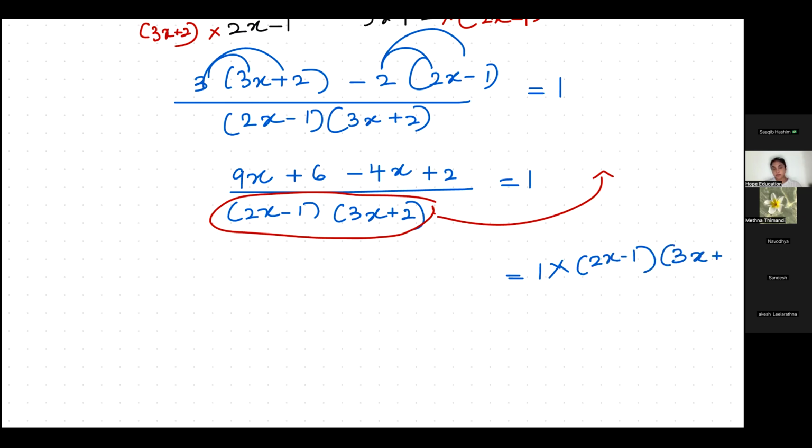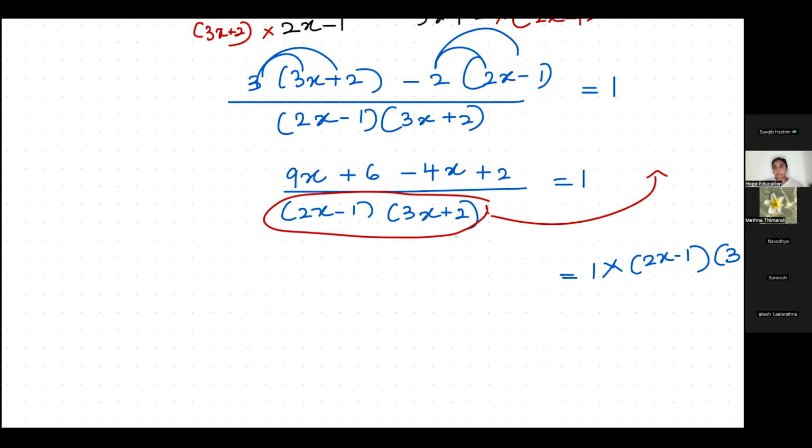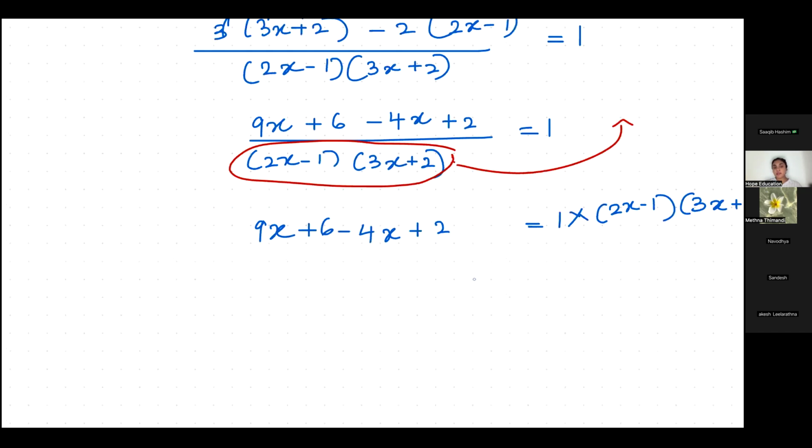Right? The one that is divided here, when I bring it to the other side, it becomes a multiplication, right? Then what do we have remaining? 9x plus 6 minus 4x plus 2. 9x minus 4x is 5x. Plus 6 plus 2 is plus 8.